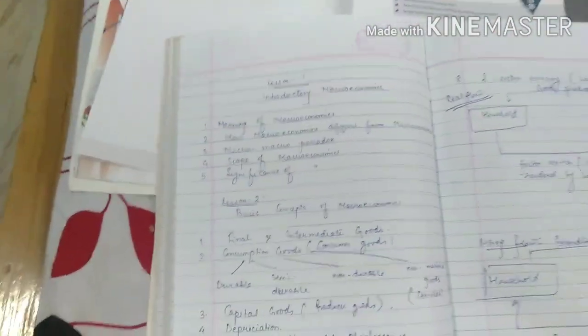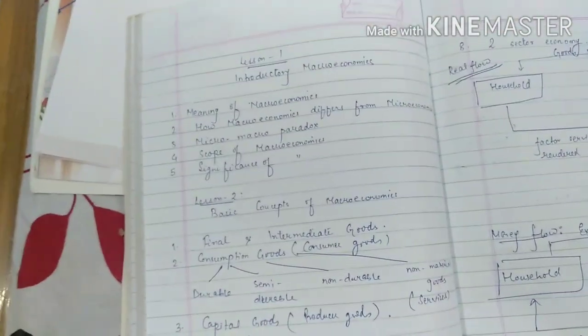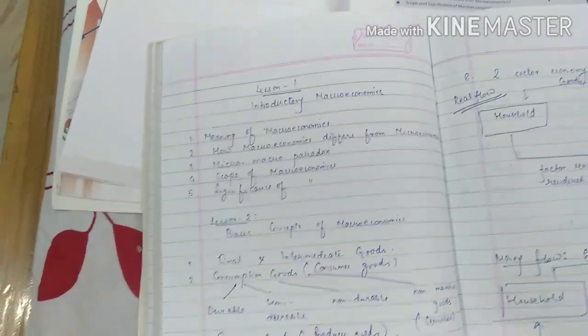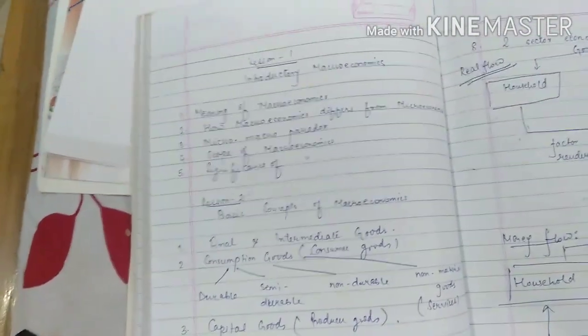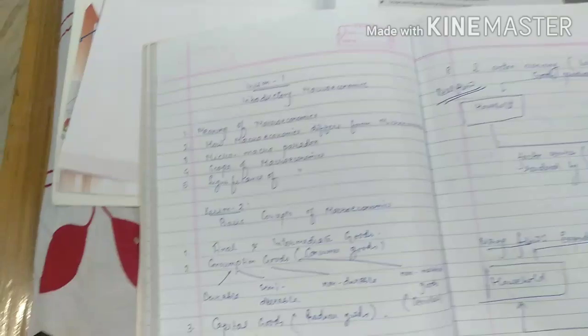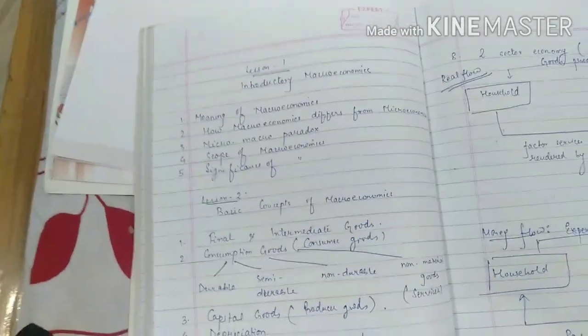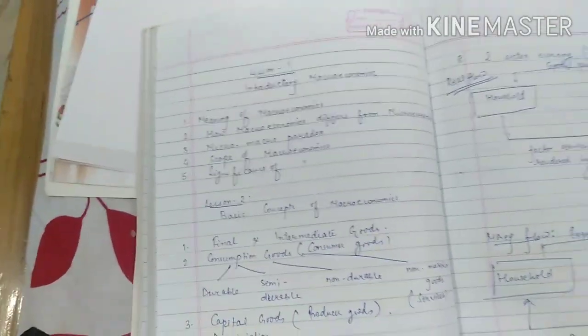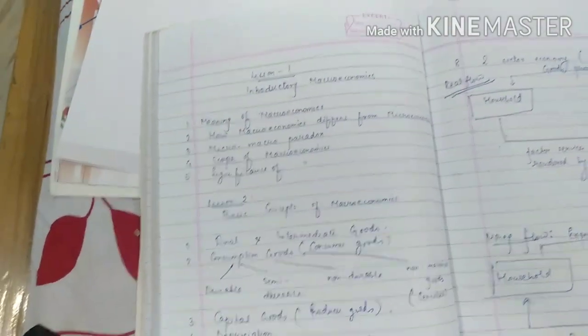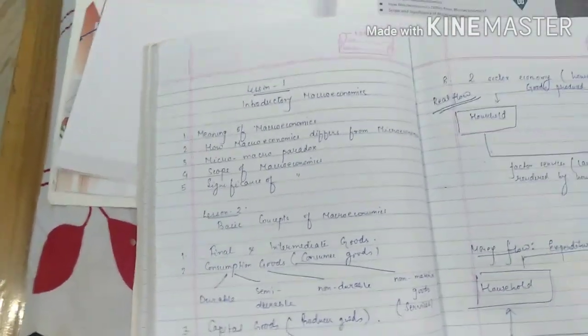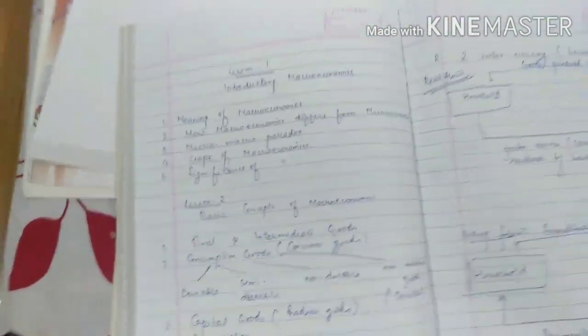But if every individual in the entire economy starts to save money, the flow of money in the market will reduce. Since the flow of money will reduce, the flow of demand in the economy will reduce.